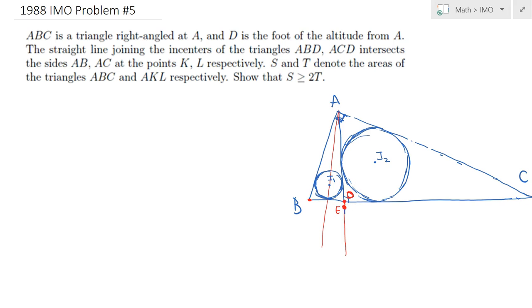And in a similar way, I will reflect C across the angle bisector as well. So that's the angle bisector here. So I claim it would be reflecting across the angle bisector.